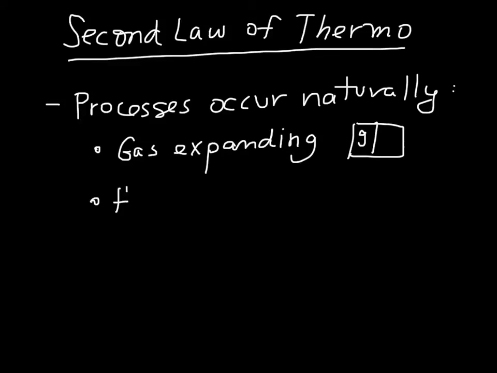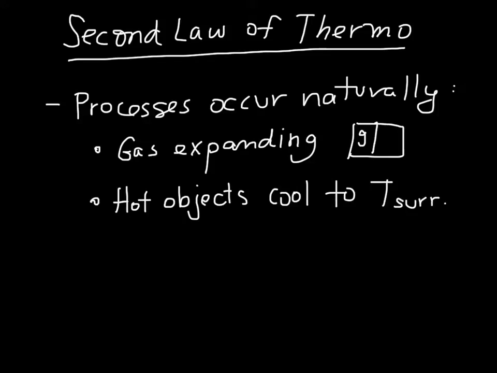Another one would be that a hot object cools to the temperature of the surroundings. Right, so if we have a cup of coffee and we leave it sitting on our desk all day, it won't be hot coffee for very long.